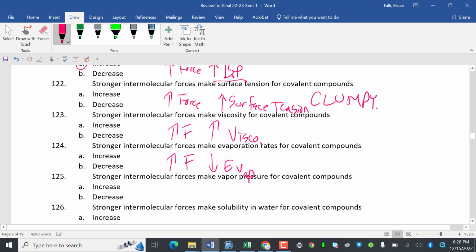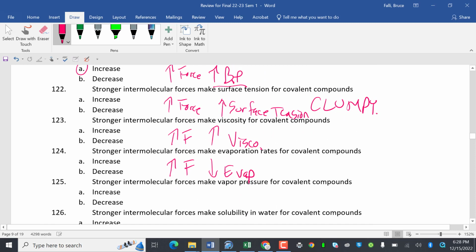Stronger forces make vapor pressure decrease. Remember, increased forces means there's less evaporation, so there's less pressure from evaporation. So increased forces decreases vapor pressure. I guess I should actually circle my answers, huh?